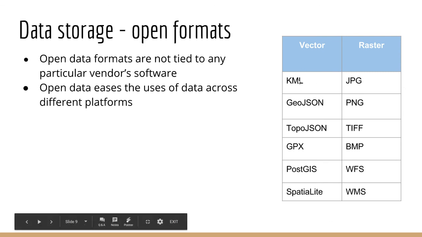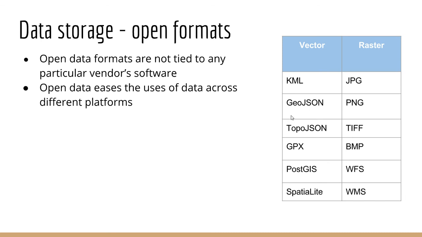A couple other mentions of at least one of these. I like to mention what KML is because everyone knows what Google Earth is. KML and KMZ are the data formats for Google Earth. Google Earth was a program called Keyhole before Google bought it. Keyhole was the code name for the first spy satellite program in the United States, and they named this program after it because it allowed you to look at the Earth with all this imagery and data.